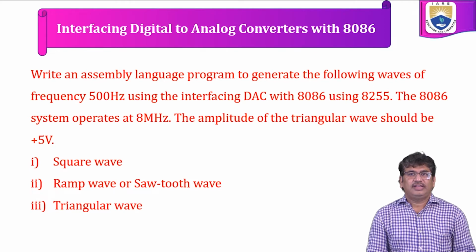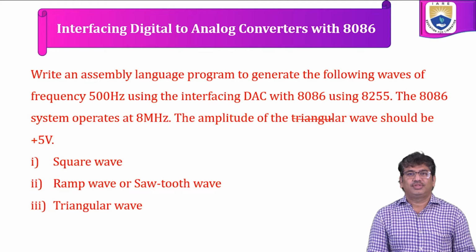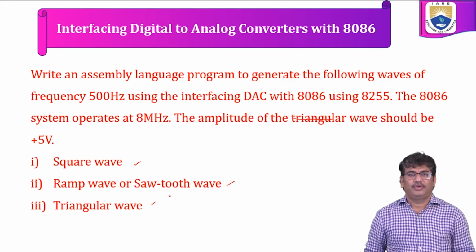The 8086 system operates at 8 MHz. The amplitude of the triangular wave should be plus 5 volts. The waveforms which we are going to generate are the square wave, the ramp or sawtooth wave, and the third one is the triangular wave.